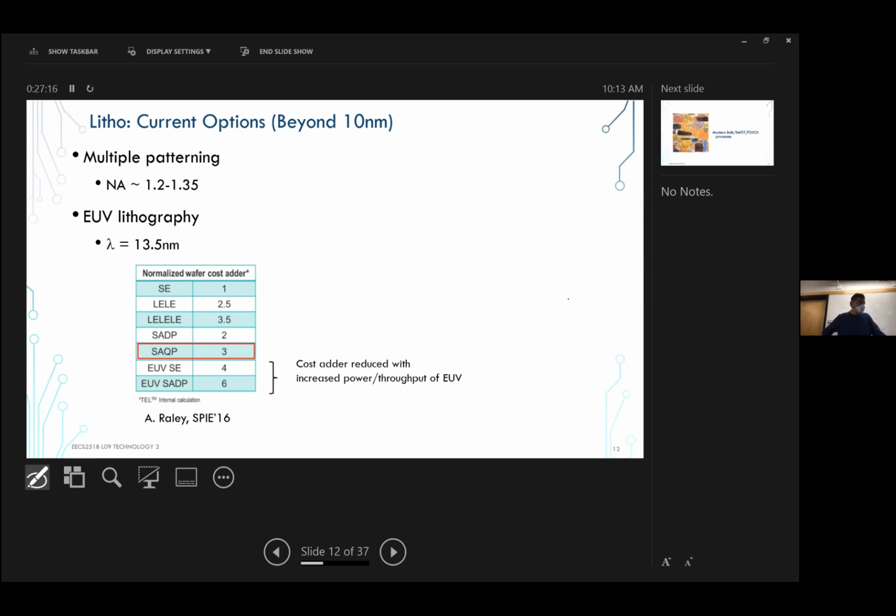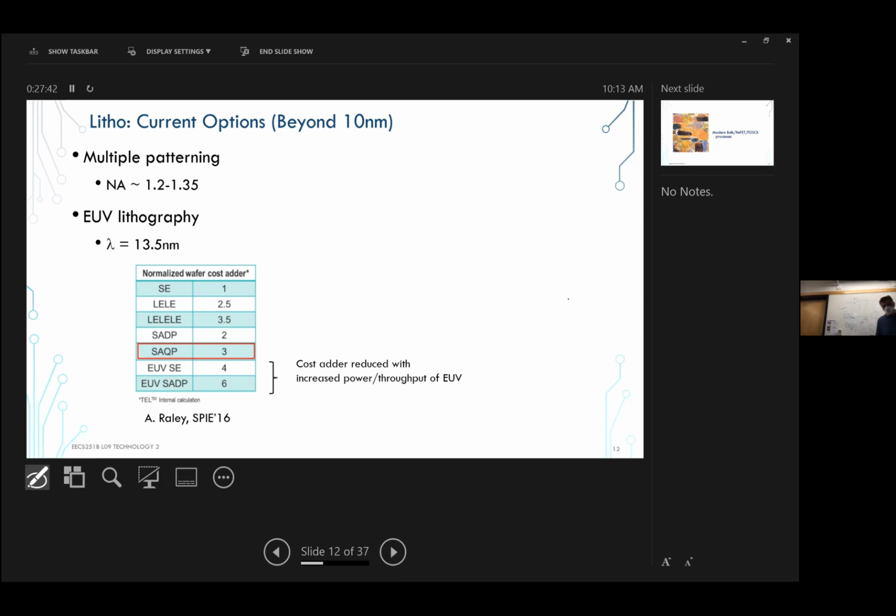So an option in EUV lithography was developed. And we are looking at something that looks like here. How much does the EUV cost? There was an estimate here. It was about 4.